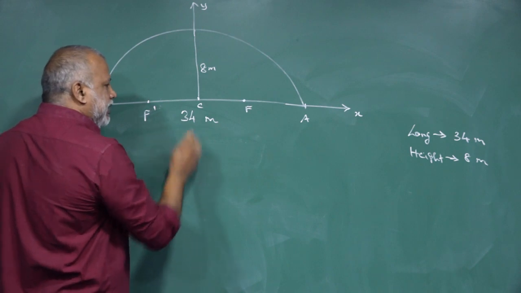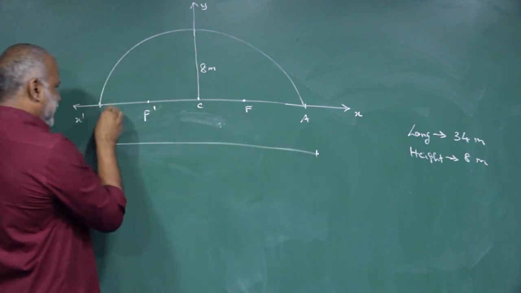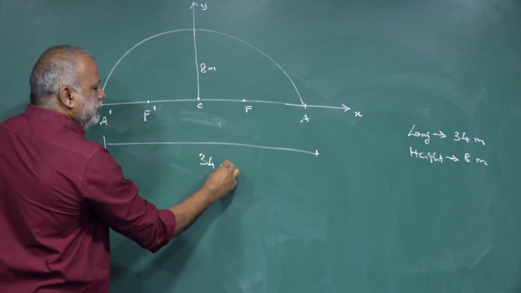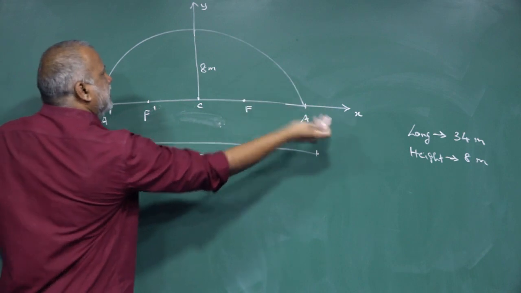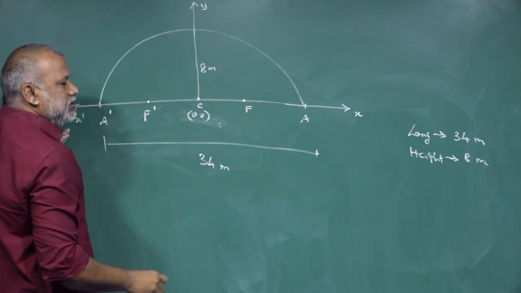Now this 34 meters is from A to A dash. C is the center. Now with the x-axis and y-axis, automatically the center must be the origin (0, 0).